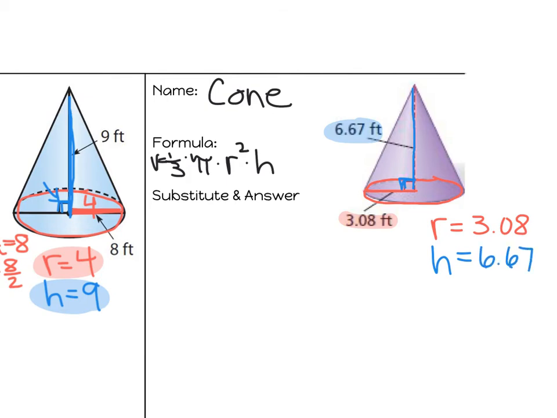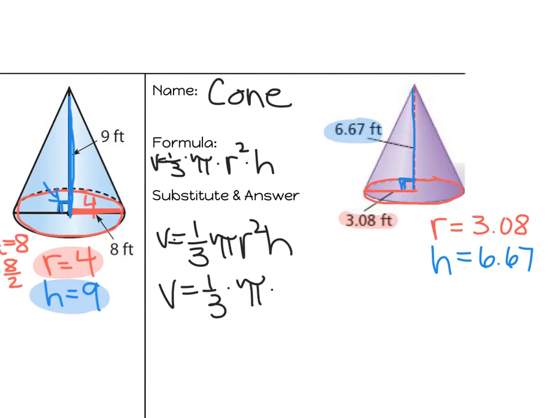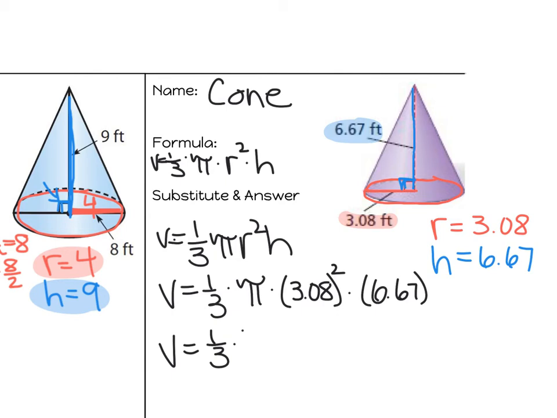And now I can plug in. I have everything. So volume equals 1/3 pi r squared h. So 1/3 times pi times, instead of an r, I'm putting 3.08 and squaring it, multiplying that to the height, which is 6.67. And now we simplify.